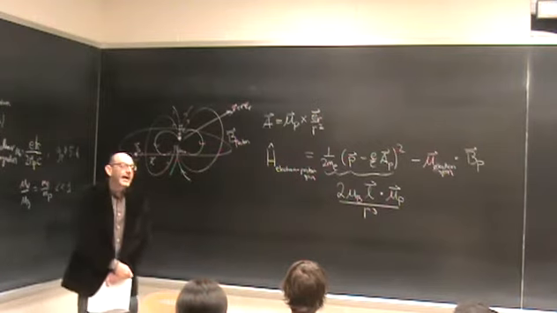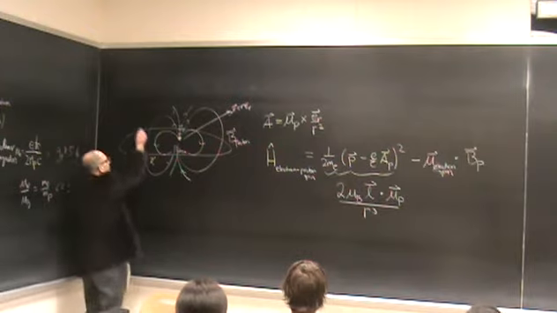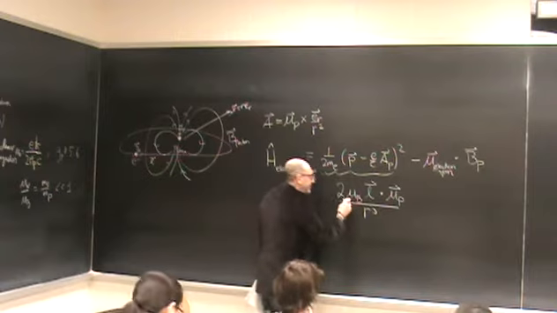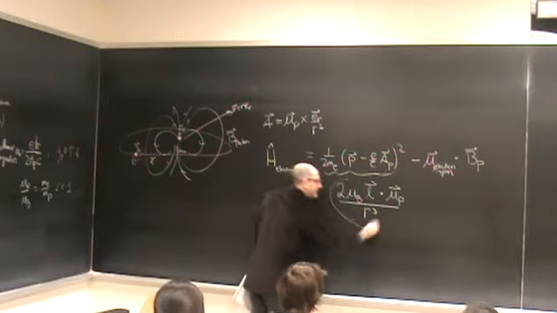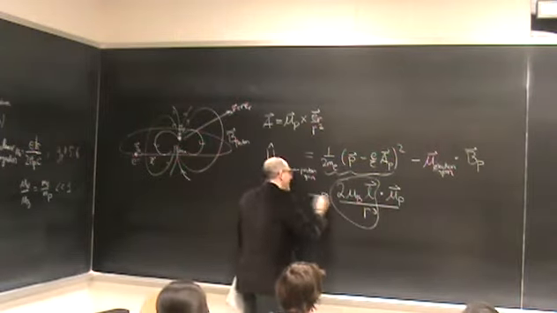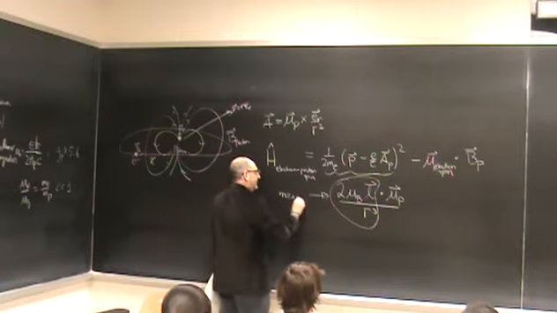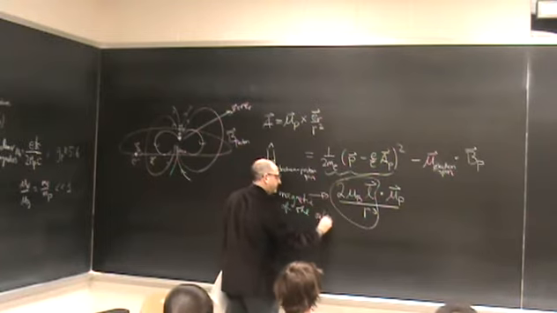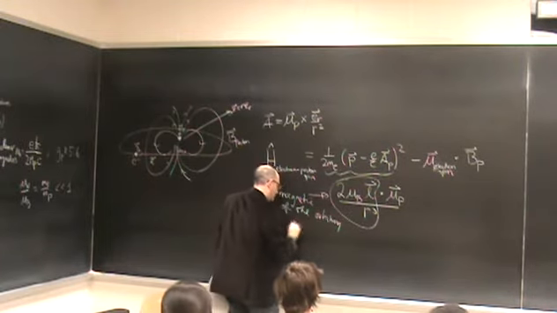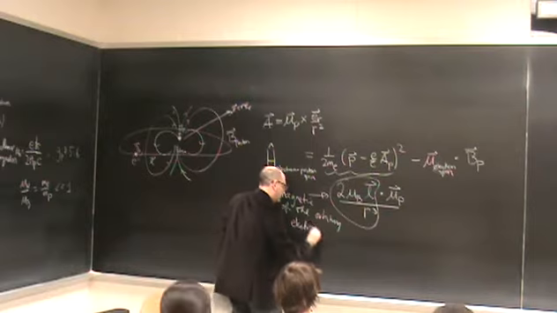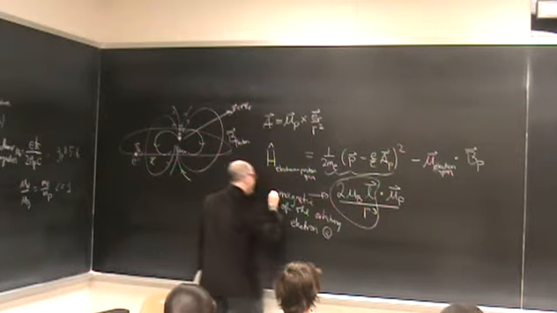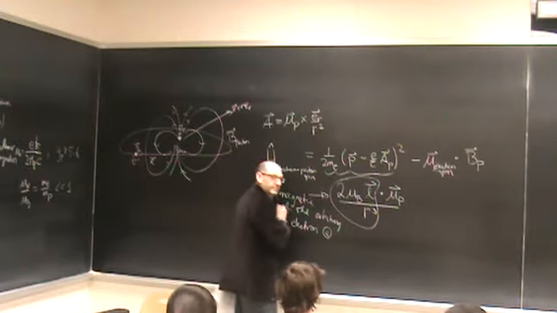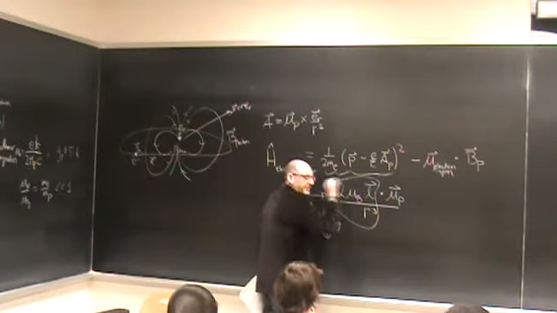What is the magnetic field associated with a current loop? This is the magnetic field of the orbiting electron at the proton. Actually, this is minus it, because the electron charge is minus.